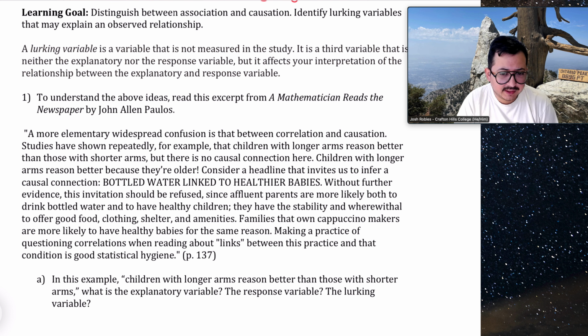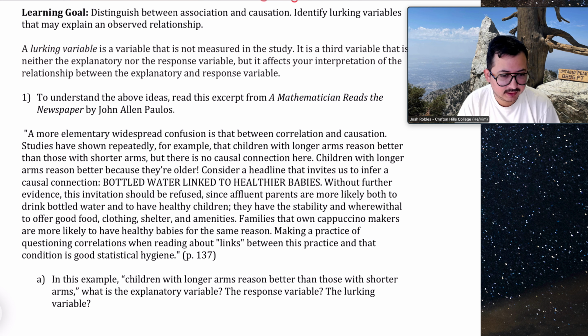All right, another one. Consider a headline that invites us to infer a causal connection, in all caps, bottled water linked to healthier babies. So if you use bottled water whenever you're feeding and giving water to babies, somehow they're going to be healthier. And that sounds a little closer now. Right?